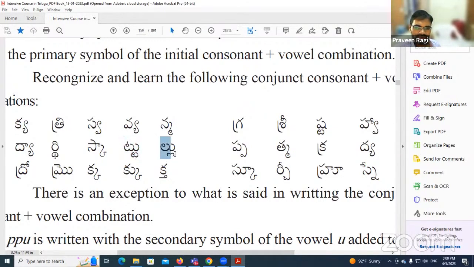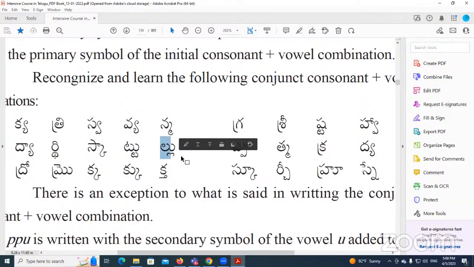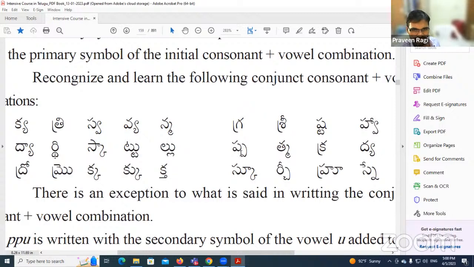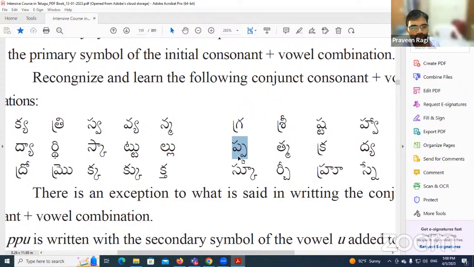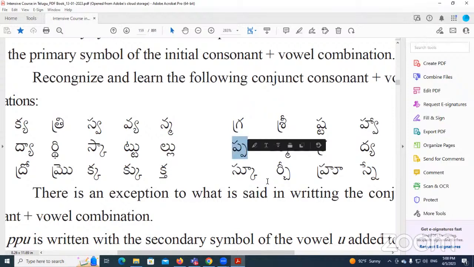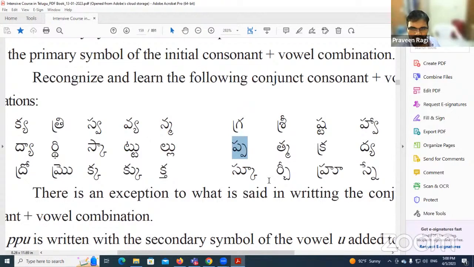This one, "Lu," yeah, okay. "Pa." "Lu," let's see one example, that is "illu." This one, "Pa." Okay, let me give you one example. For example, "kappa," frog.